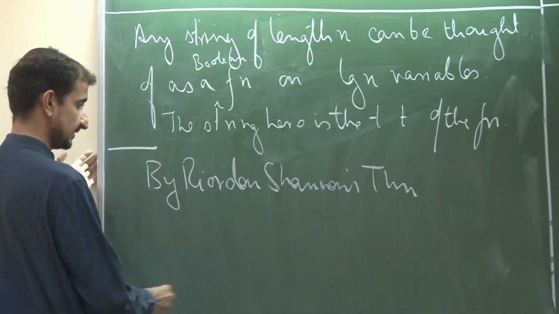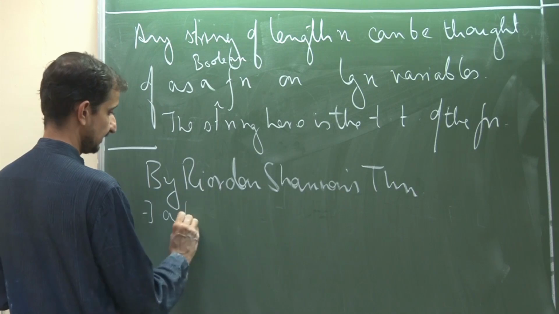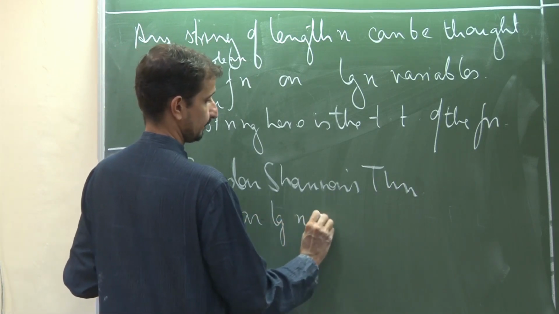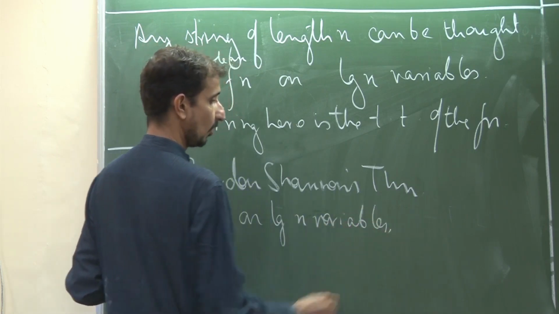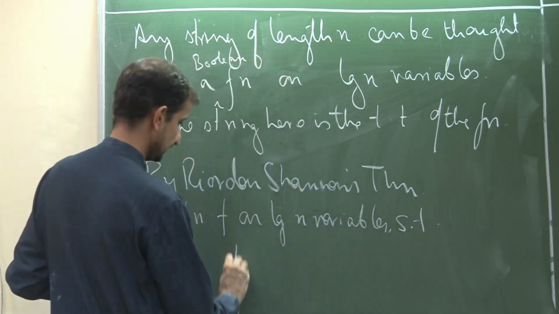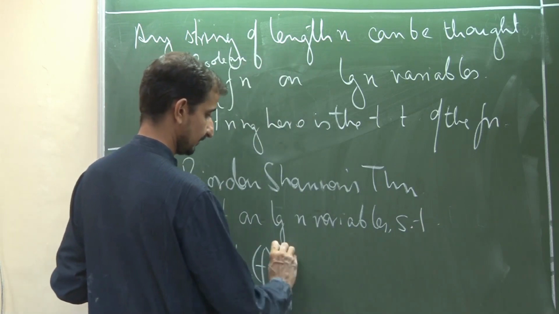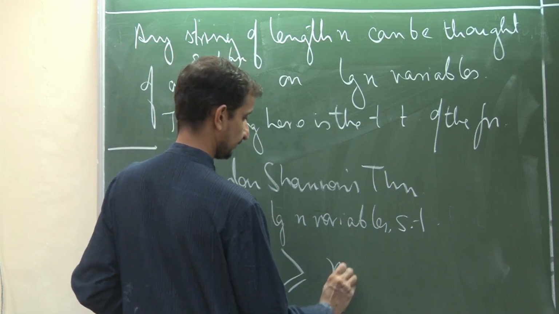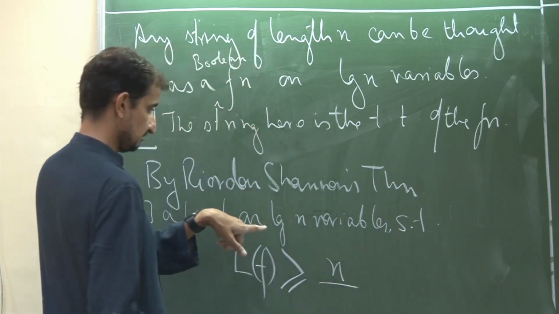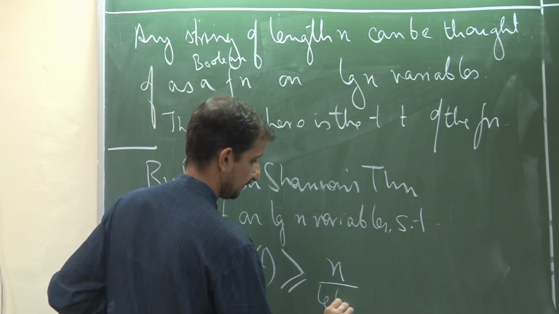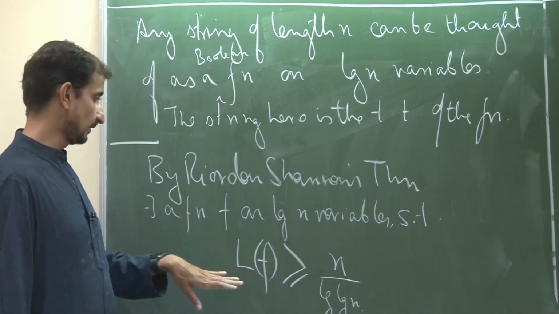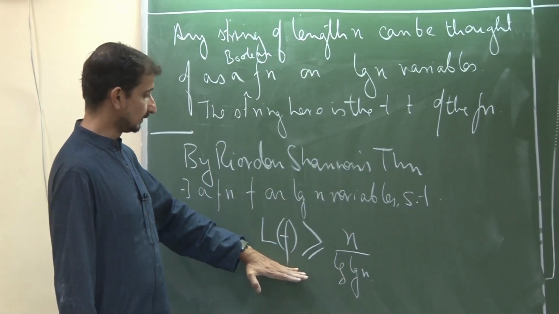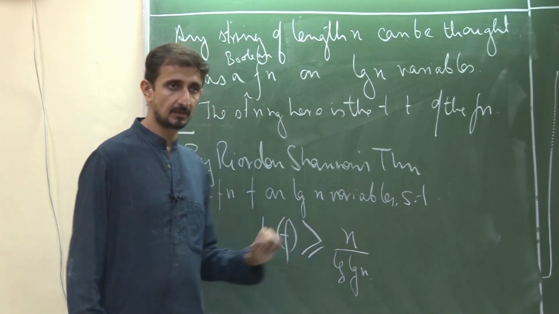What I can say is that by Riordan-Shannon's theorem, there exists a function f on log n variables such that L of f is at least, so 2 to the power log n is n by log of log n is log n. So, we know that there is a function on log n variables for which the formula complexity is at least this much. Okay.